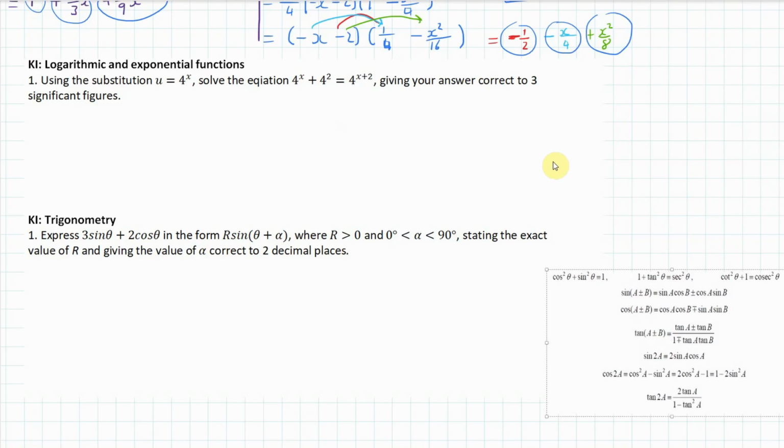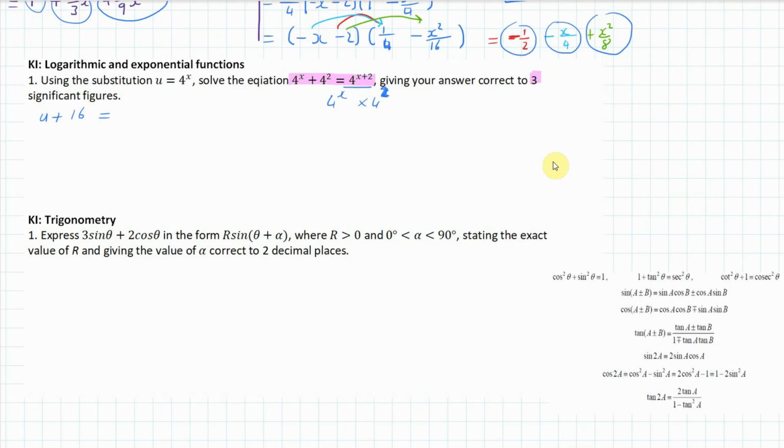Okay, so for the second one, we've got to use the substitution u is equal to 4 to the x, and we're going to use it to solve this equation here and give an answer to 3 significant figures. So I can rewrite this as u plus 16 equals, and you can see that this 4 to the power of x plus 2 is like 4 to the power of x times 4 to the power of 2, and we use our index laws to add those two together.